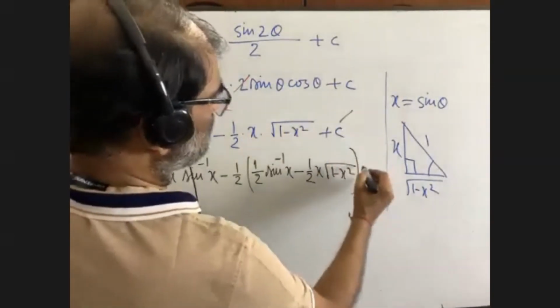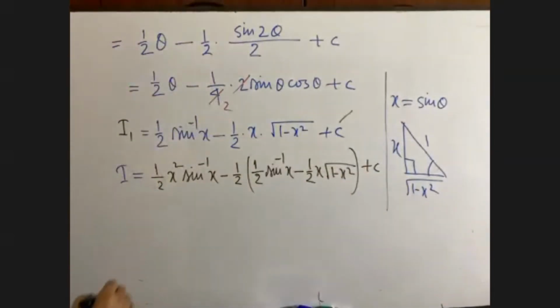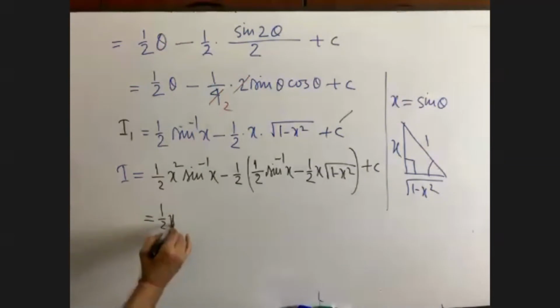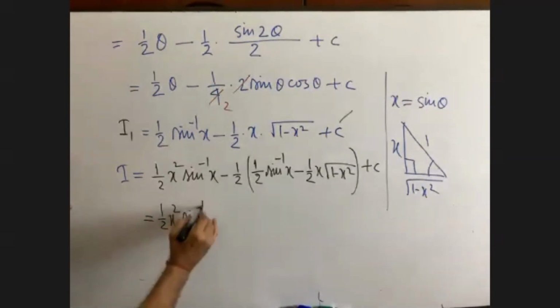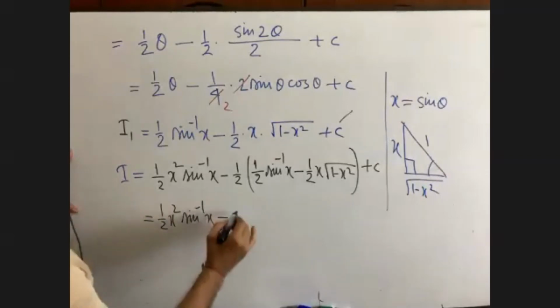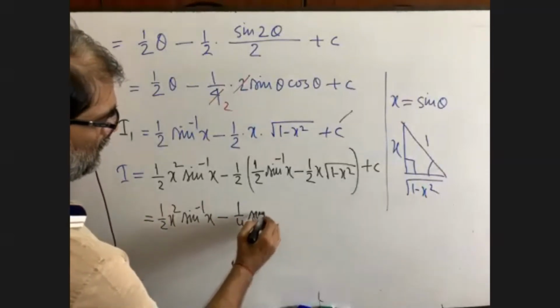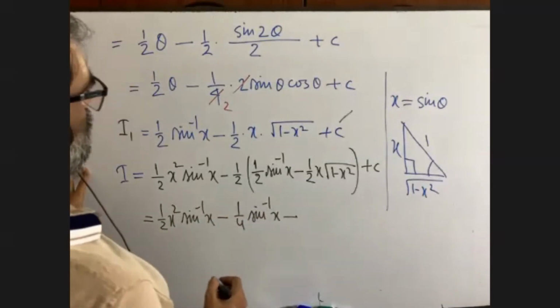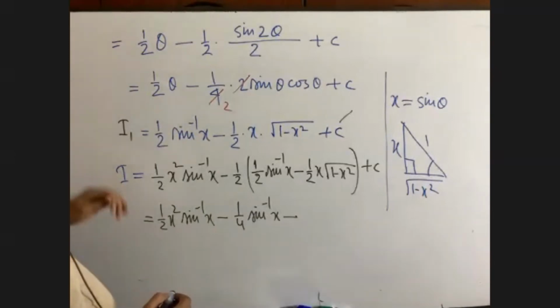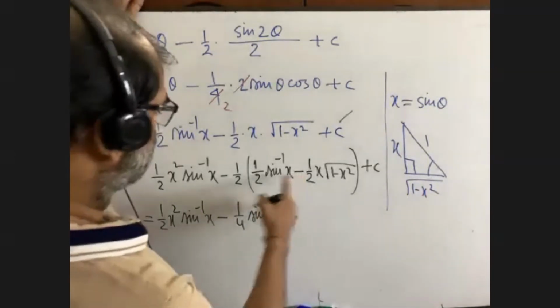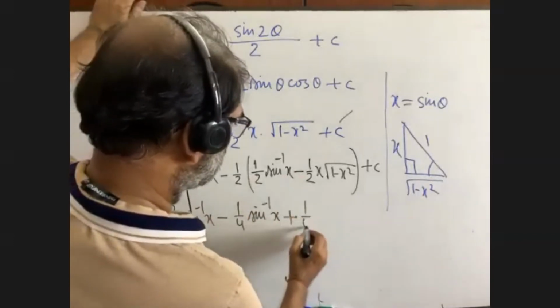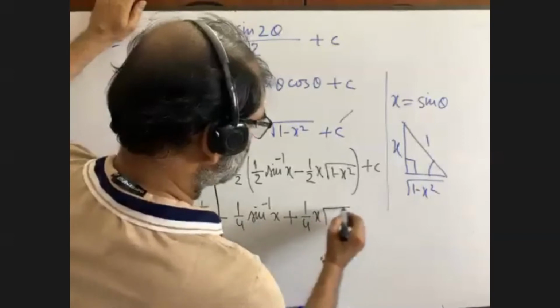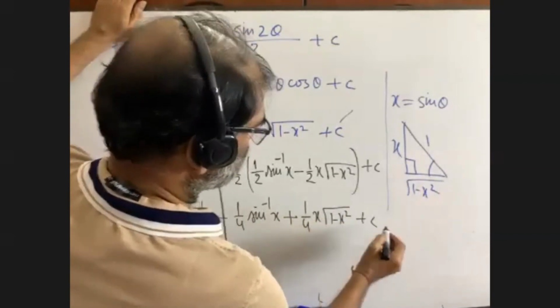Always this c will be free of everything. Now we are getting actually half x square sine inverse x minus 1 by 4 sine inverse x plus 1 by 4 x root over 1 minus x square plus c.